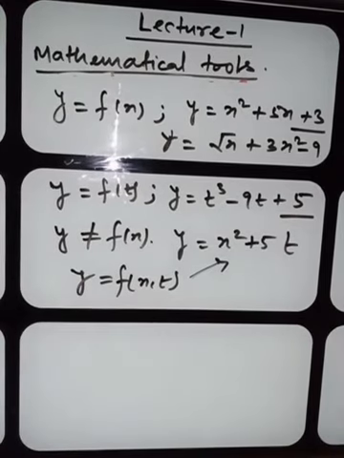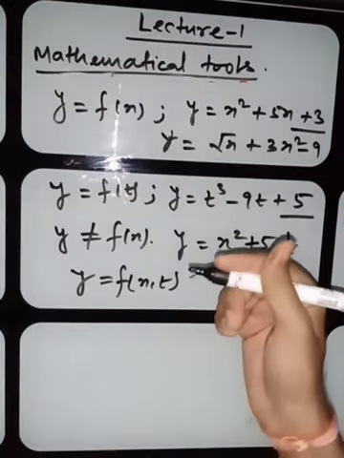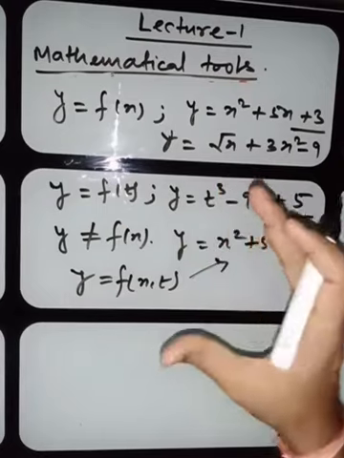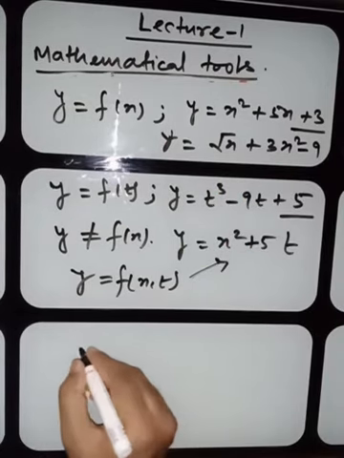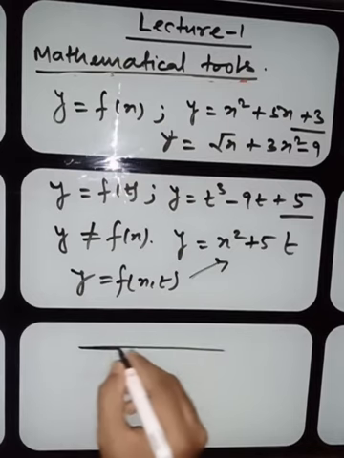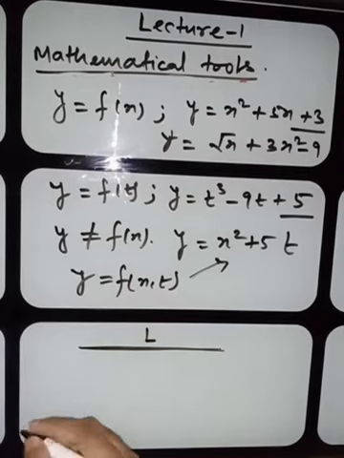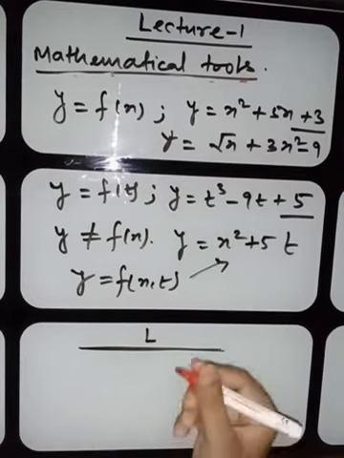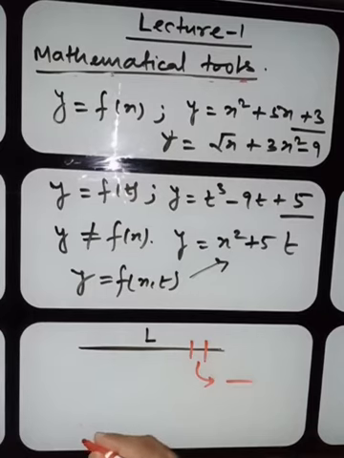Now come back to differentiation. So what is the meaning of differentiation? As you have discussed the definition, what is the actual meaning of differentiation? So try to understand, my dear students. You are having a line of length L. Now you are taking an elemental section of this length, this one you cut out from here, and you have a line like this one.